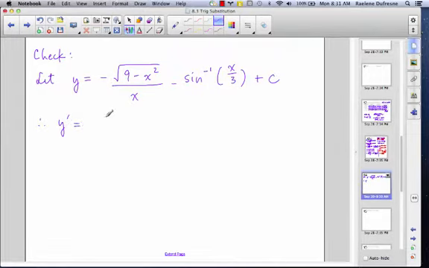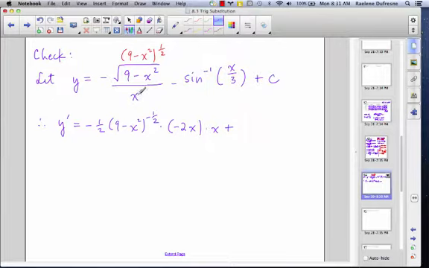Therefore, y prime is going to equal, writing this as 9 minus x squared to the exponent 1/2, negative 1/2 times 9 minus x squared to the negative 1/2 multiplied by negative 2x, which is the derivative of the top, times the bottom, minus, so minus and negative will be plus, the top times the derivative of the bottom, which is just the square root of 9 minus x squared, all over the denominator squared.